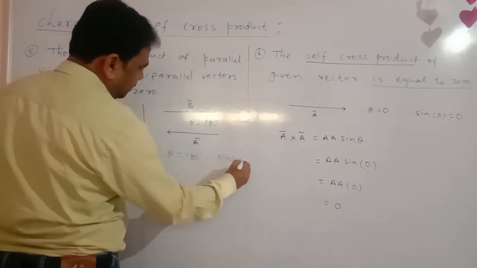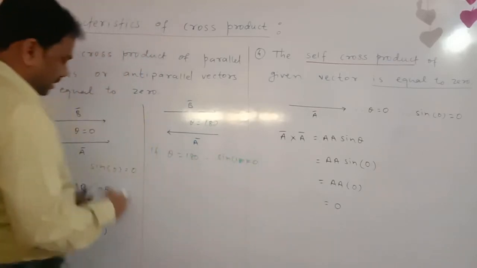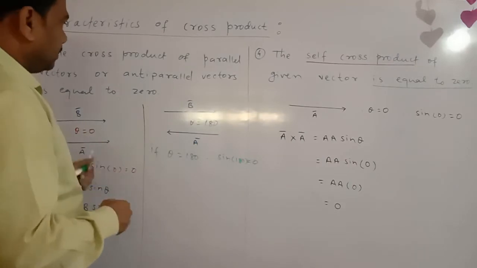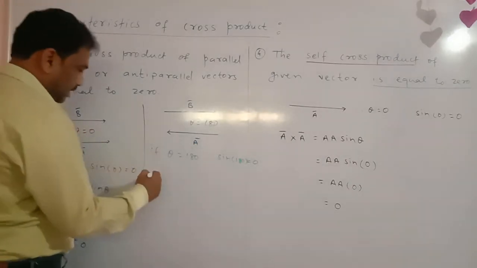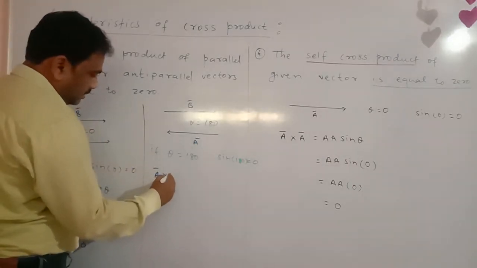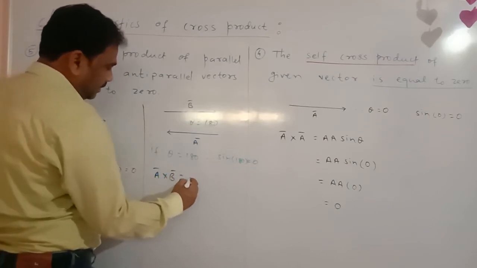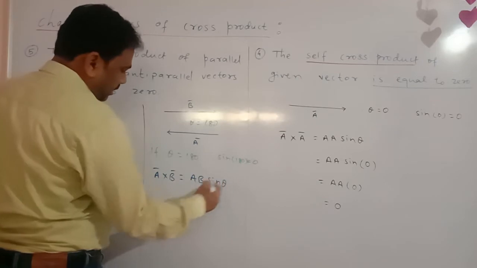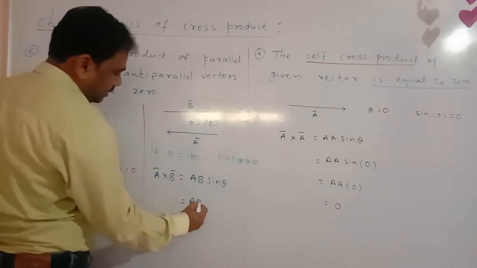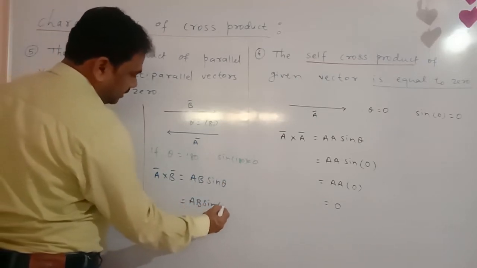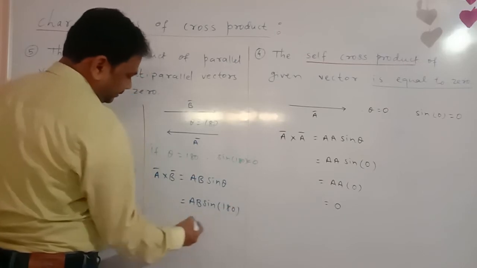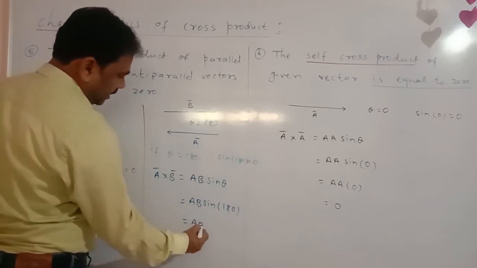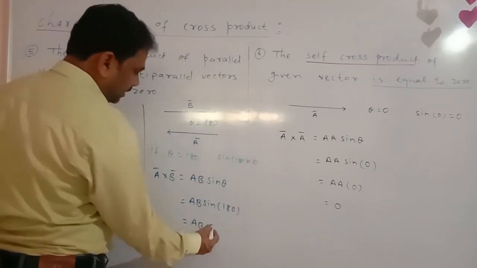Sine 180 is always equal to 0. So the cross product of the given vectors, vector A cross vector B, is equal to AB sine theta. Write down here instead of theta 180, AB sine 180, that is 0.